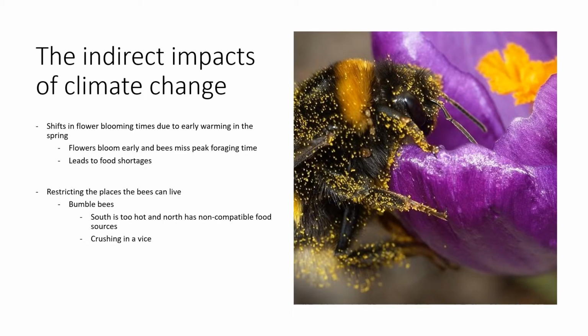So as I said before, climate change can also have indirect impacts on bee populations. And this would be through things like flowers blooming earlier than they normally do because of the warming climate.